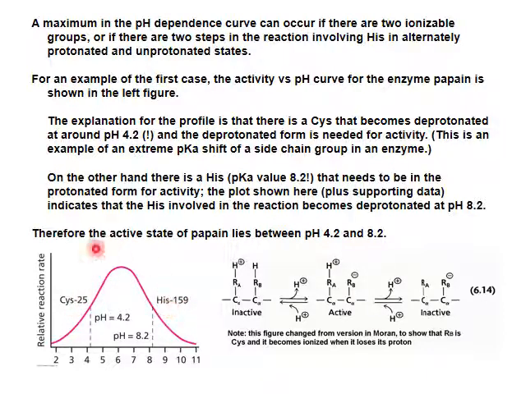This may be acting as some kind of nucleophile or required for removing a proton, and this one is involved in some kind of proton donation or hydrogen bond or something that's required. We don't know what those residues are. You'd have to look at a crystal structure and make mutations to see if your bell-shaped curve would change, to try to find these residues. Other evidence is required to identify them. But you know there's at least two of them with these two pKa values.